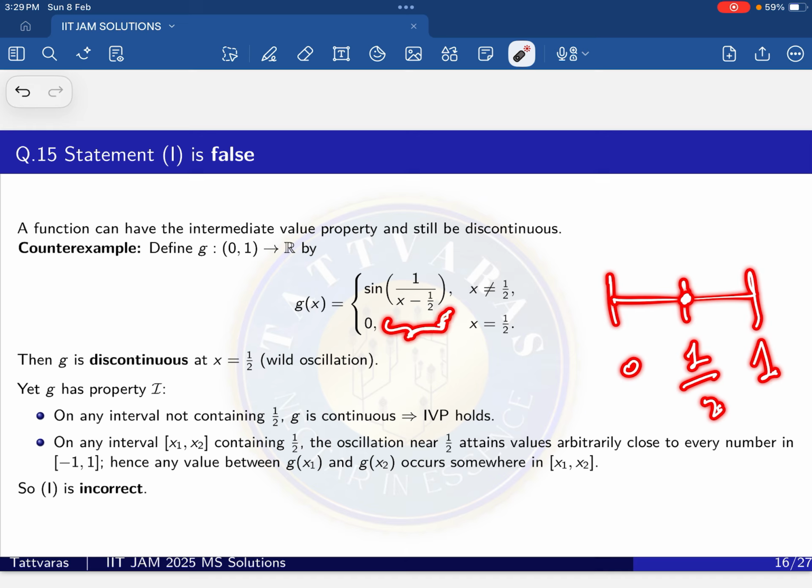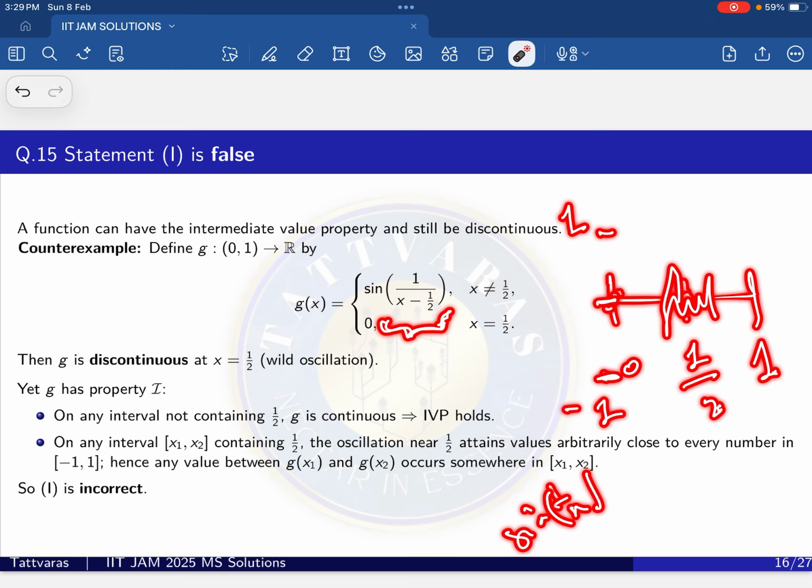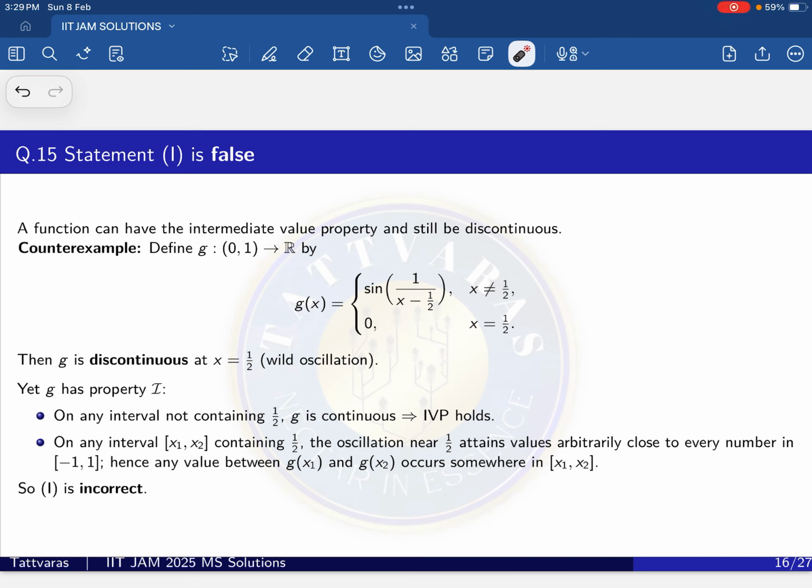So that behaves like the function sine of 1 over x. Here there are wild oscillations, and that oscillation will be given by this sine function. It is taking values from -1 to 1. So all values should be obtained in this interval by this function g(x), right?